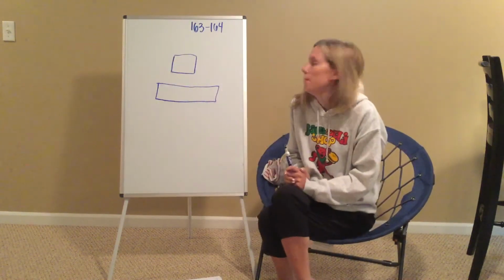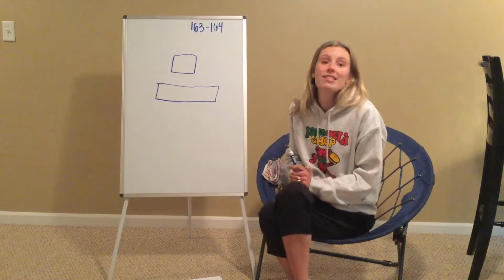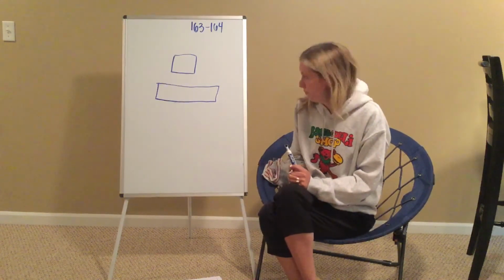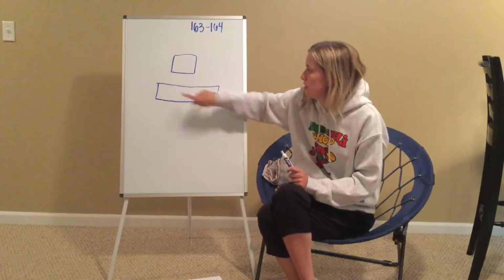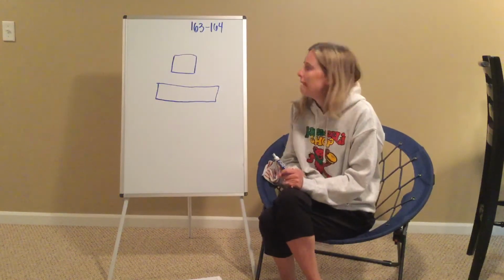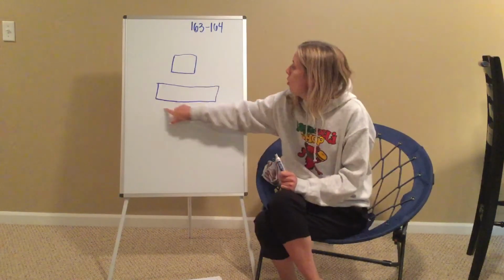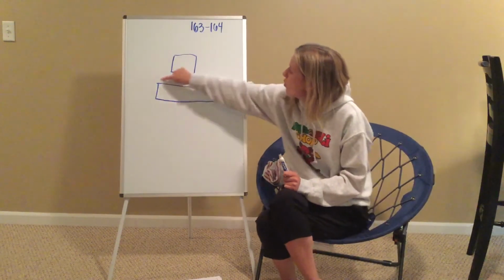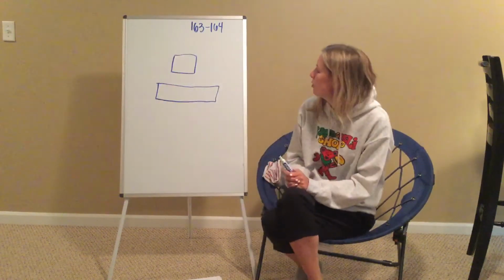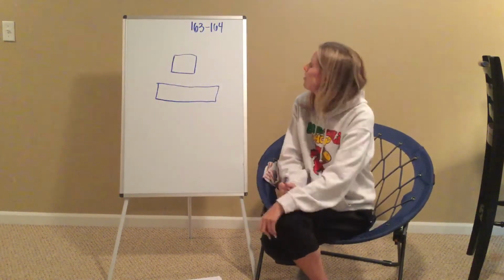This is a rectangle. This is a square, this is a rectangle. How many sides does a rectangle have? It has four sides. 1, 2, 3, 4. Oh, perfect. So it has four sides.